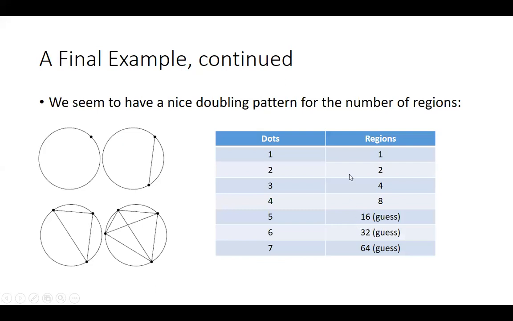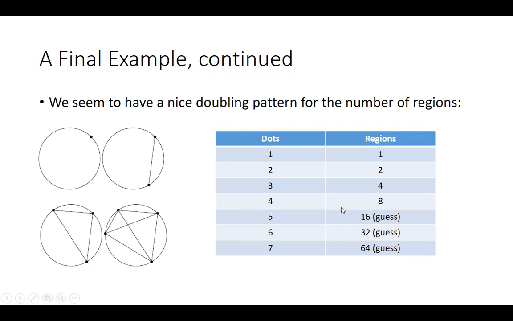We seem to have a nice doubling pattern for the number of regions with 1 dot, 2 dots, 3 dots, 4 dots. We started with 1 region, which doubled to 2 regions, which doubled to 4 regions, which doubled to 8 regions. So we can guess that we're going to get 16, 32, and 64 regions for 5, 6, and 7 dots.